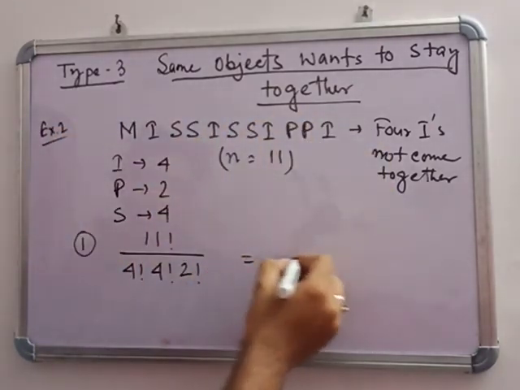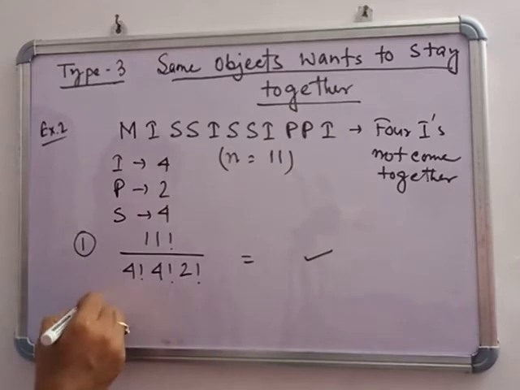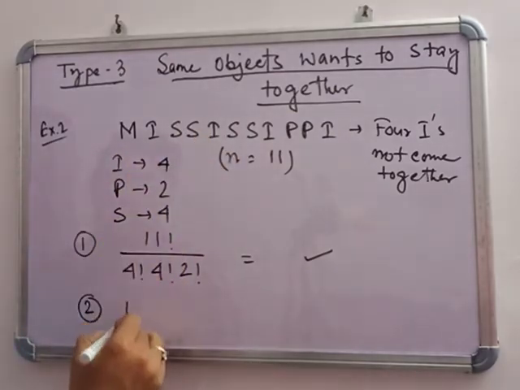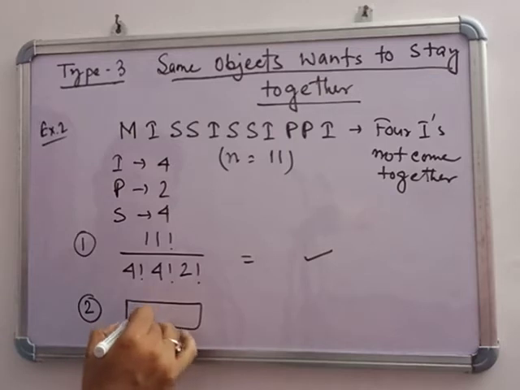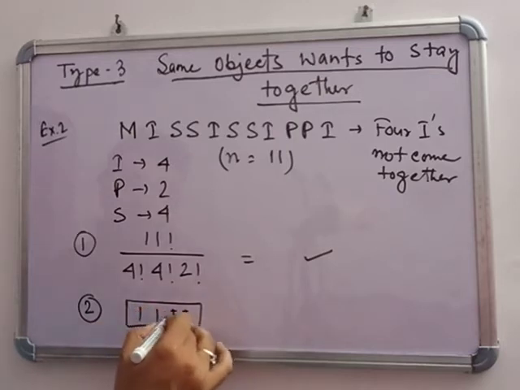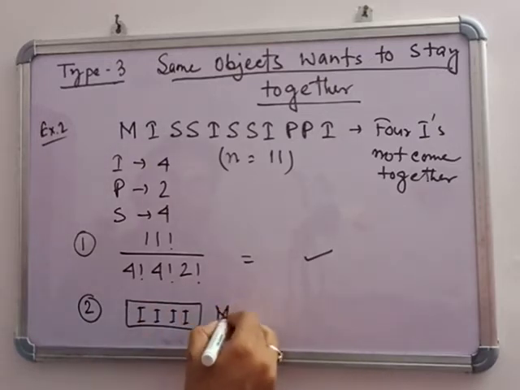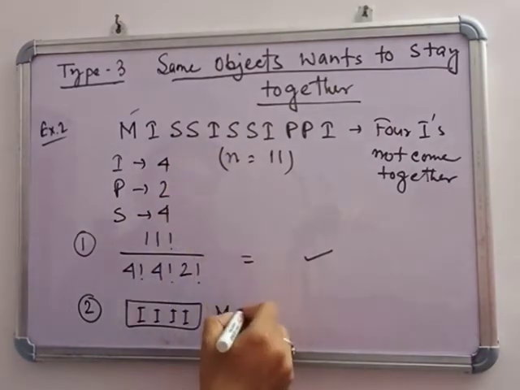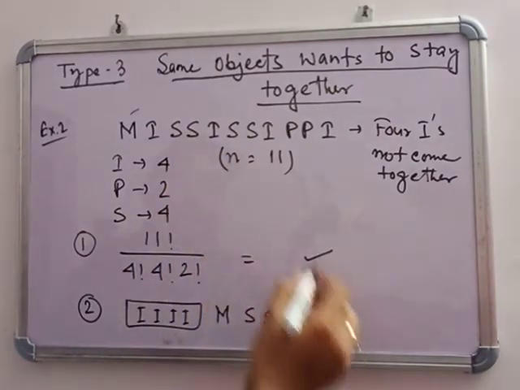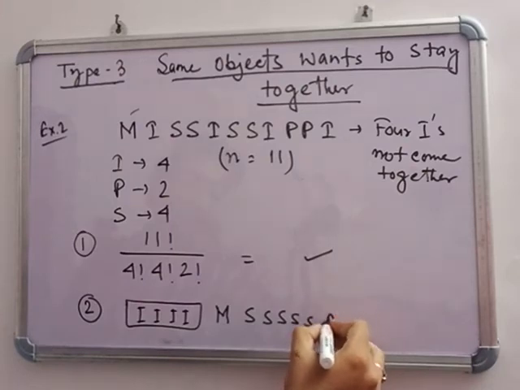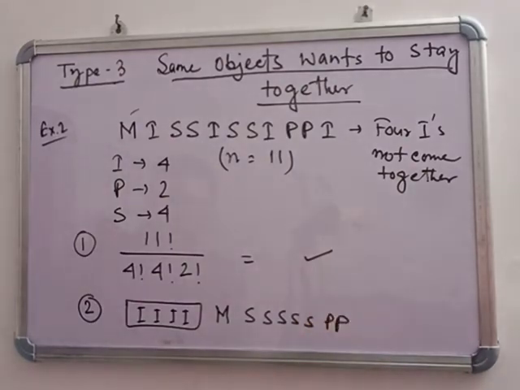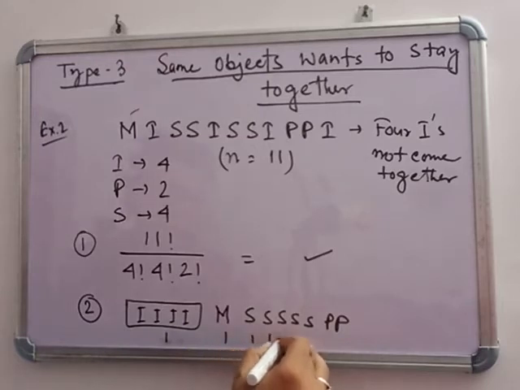Now in number 2, the 4 I's are together as one block, and the rest of the word is M, 4 S's, 2 P's. So 1, 2, 3, 4, 5, 6, 7, 8, that means 8 objects are there.